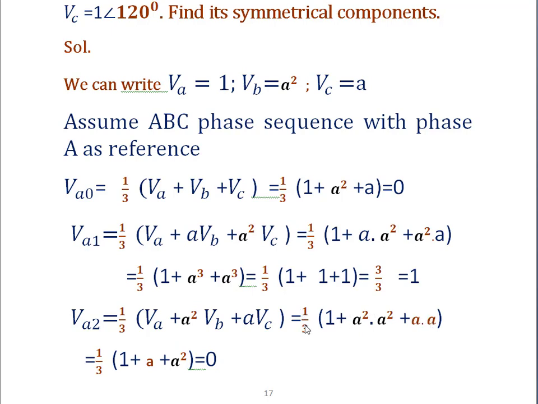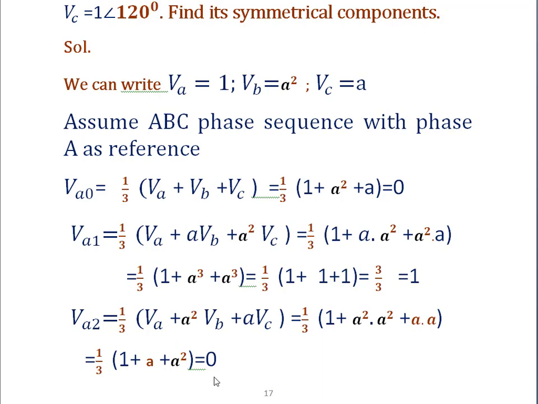If you simplify this, it is 1/3 into (1 plus a to the power 4 plus a square). A to the power 4 means a cube into a, and a cube is 1, so a remains, giving 1 plus a plus a square. It is again a standard form, and 1 plus a plus a square is nothing but 0. So we get VA2 is equal to 0. This means for a balanced three-phase system, the negative phase sequence voltage is 0, it does not exist.